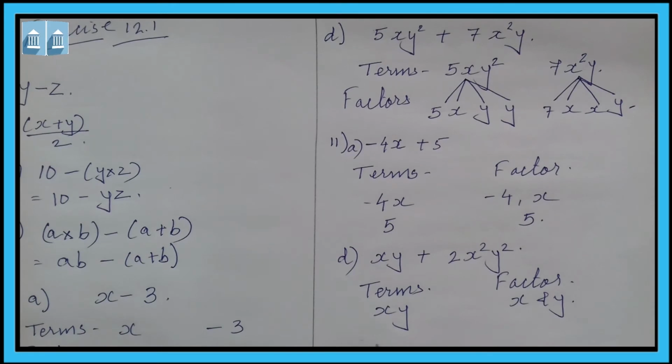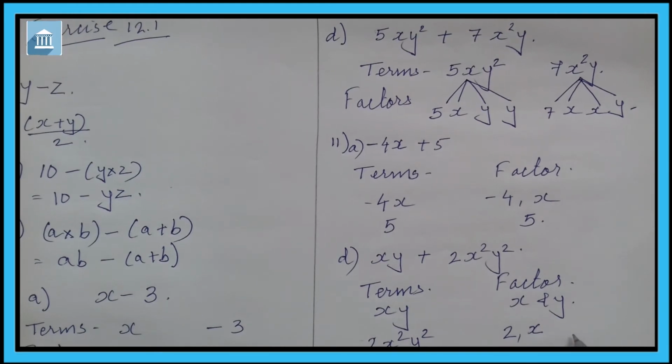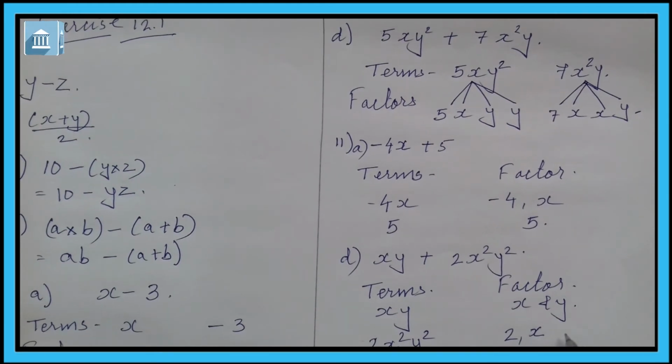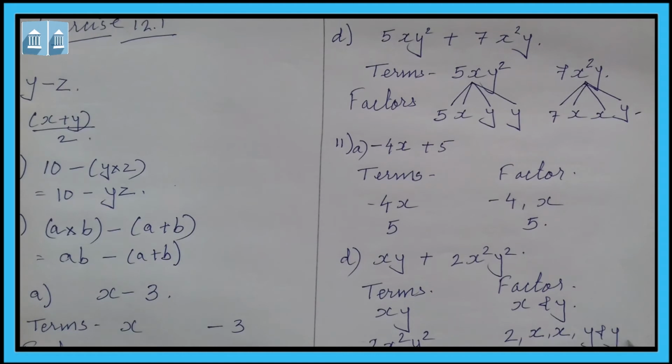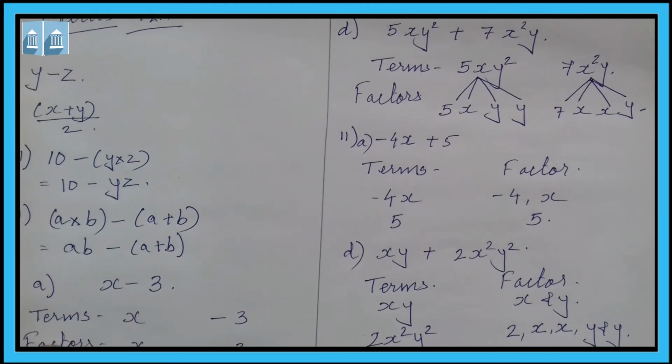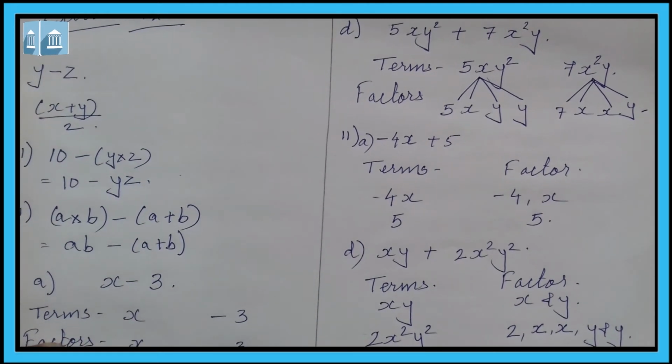Then the second term is 2x square y square. Again its factors are 2, then x, x, y and y. So these are the factors of 2x square y square.